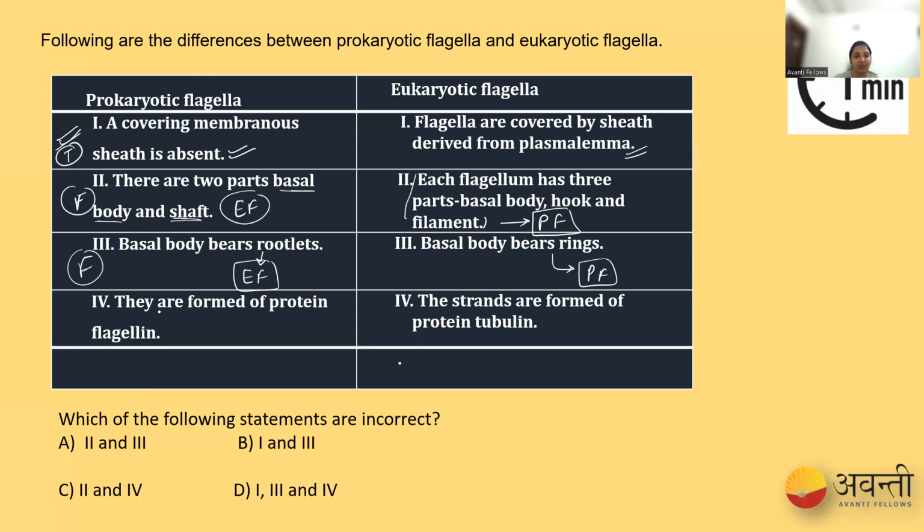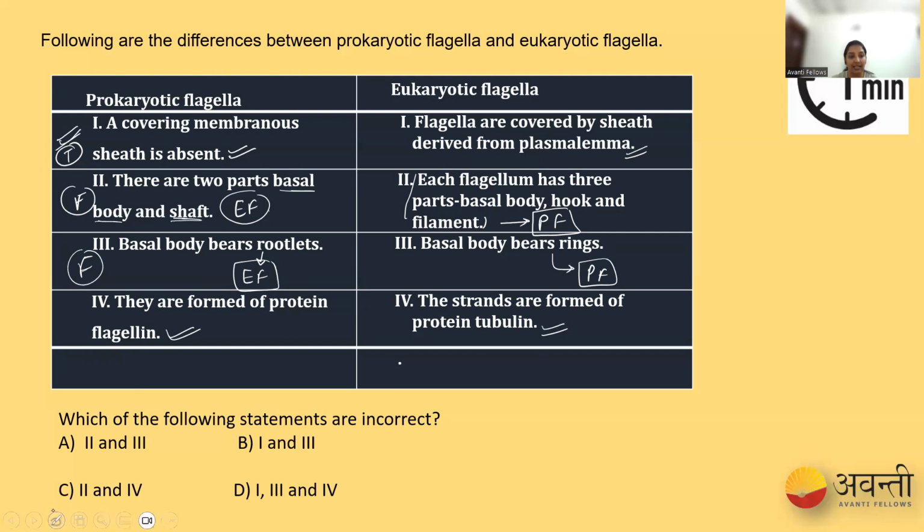Now, statement number 4 says they are formed of protein flagellin, and the strands are formed of tubulin protein. Absolutely correct. In the case of eukaryotic flagella, this is also correct, because eukaryotic flagella have microtubules, and microtubules are made up of tubulin protein. So statement number 4 is absolutely correct.